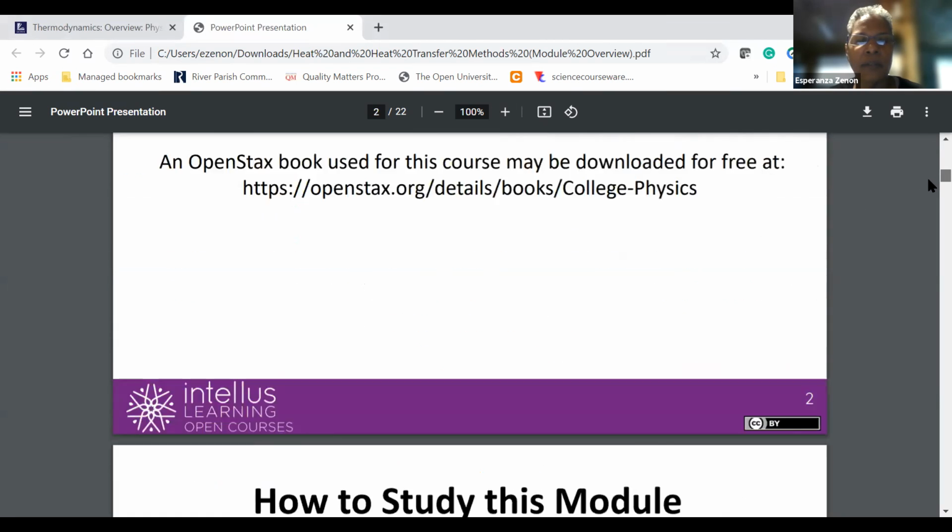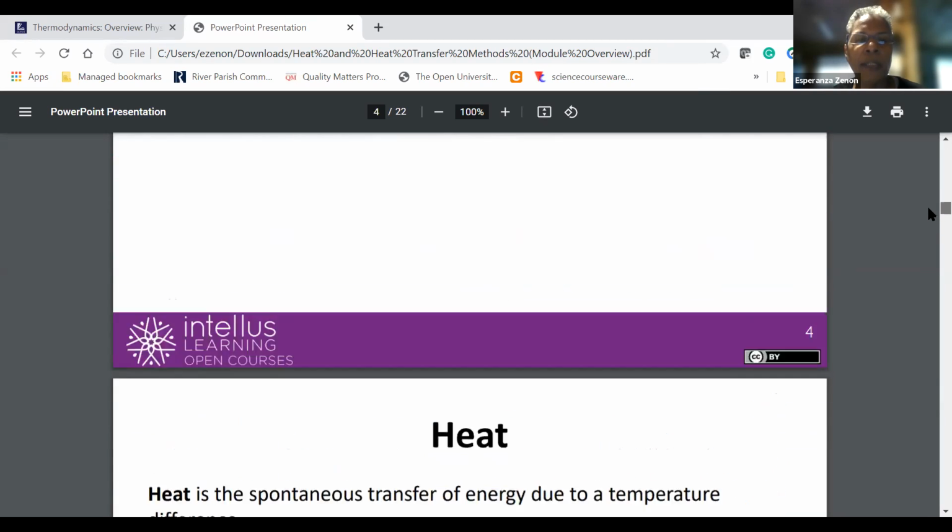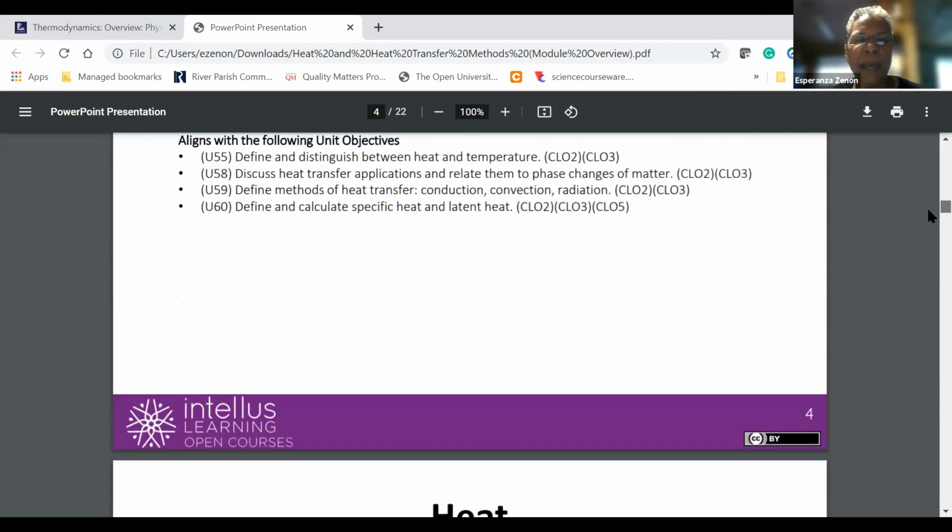Just download it. Okay. So these objectives that relate to heat transfer are the ones that you'll find in the weekly overview under the objectives tab. So these things will be focused on in this packet.